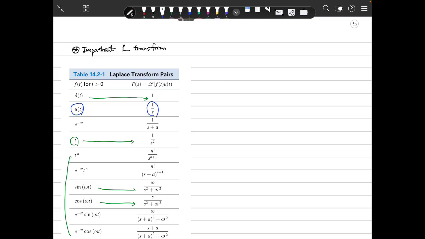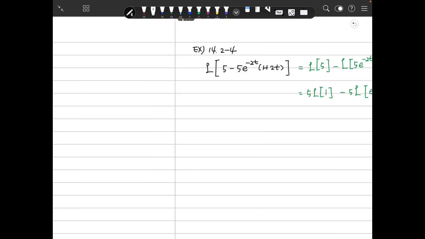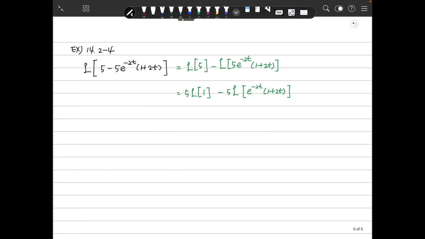You know that the Laplace of u(t), the unit step function, is 1 over s. We already did that. u(t) is 0 for negative t, and here it is 1.